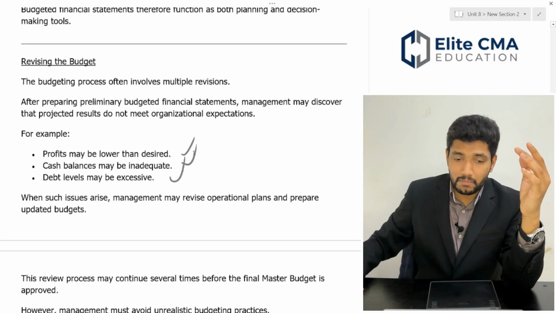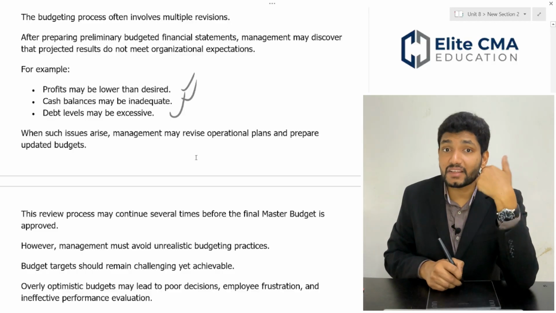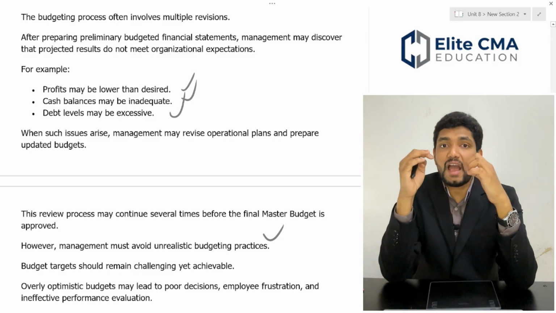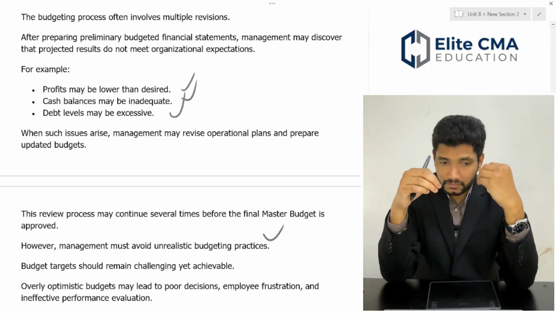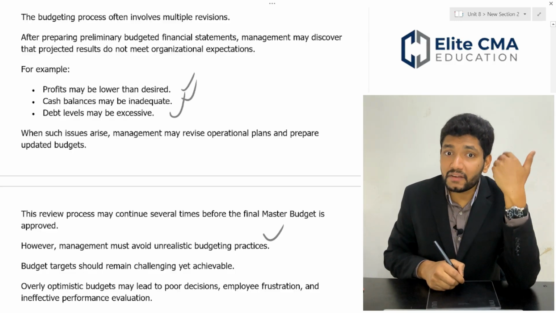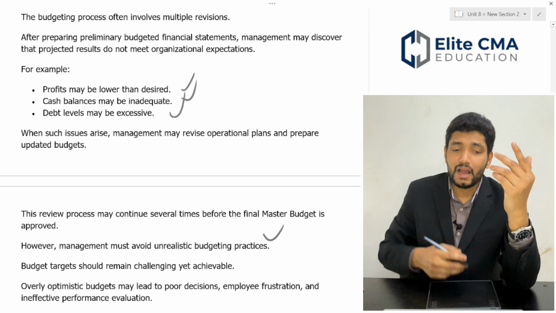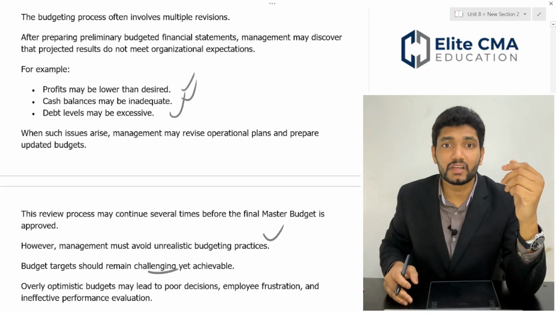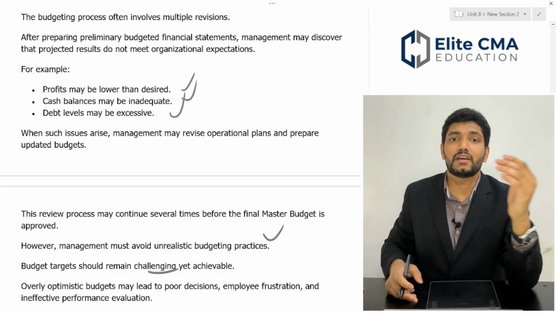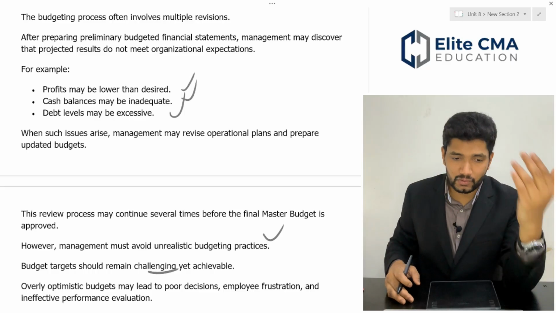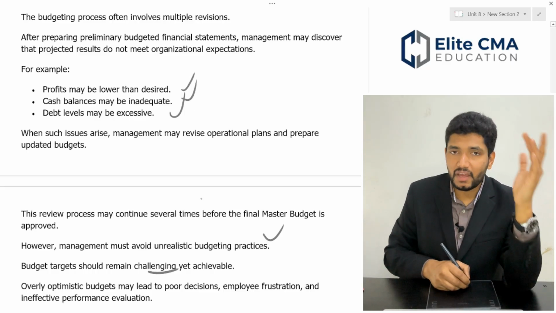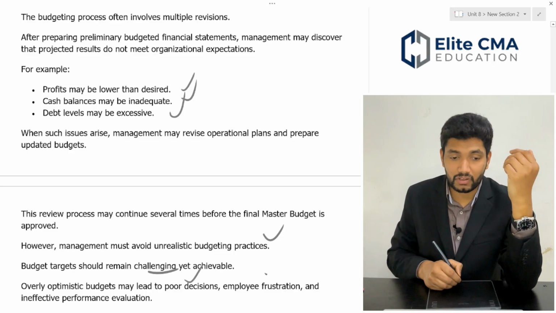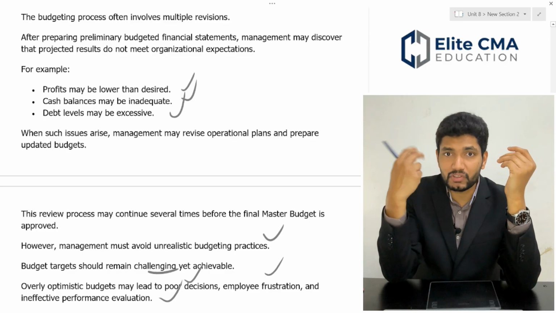However, management must avoid unrealistic budgeting practices. Budgeting should be as realistic as possible. The budget target should remain challenging and achievable as well. Again, an overly optimistic budget may lead to poor decisions, employee frustrations and ineffective performance evaluation.